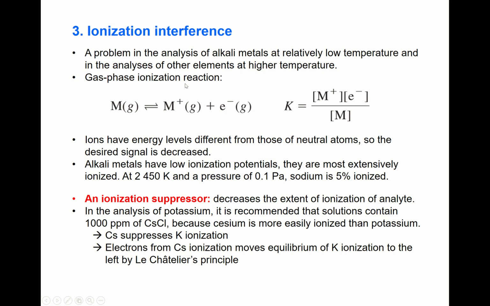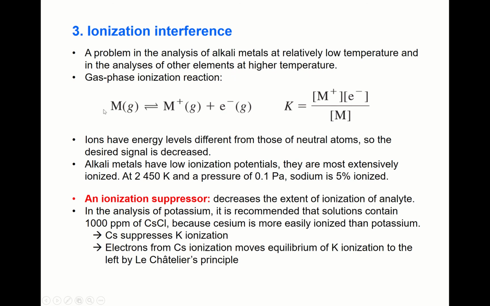The third interference type is ionization interference. It is a problem in the analysis of alkaline metals at relatively low temperature, and in the analysis of other elements at higher temperature.